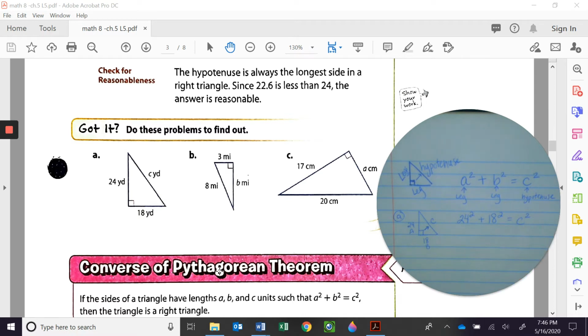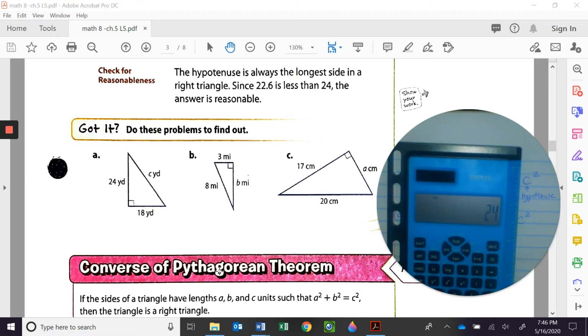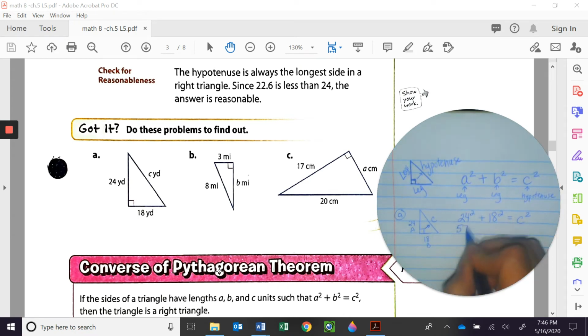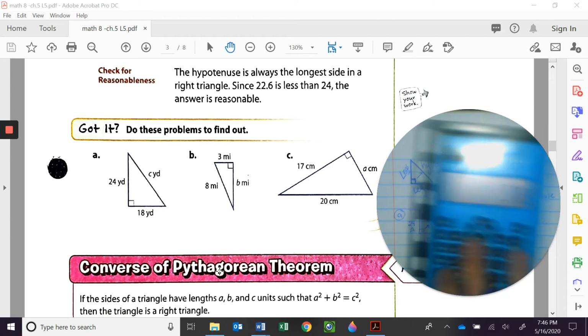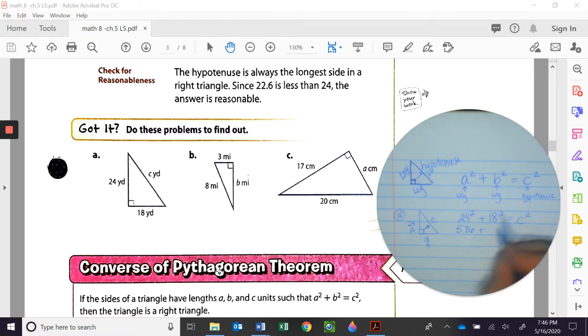So you might need a calculator. 24, and you can either use the squared symbol, which is this one right here, or you can go 24 times 24. So there's 576. 18 squared, remember I said you could press the squared button, and there's your 324.